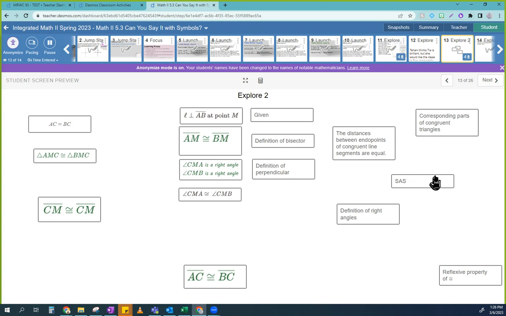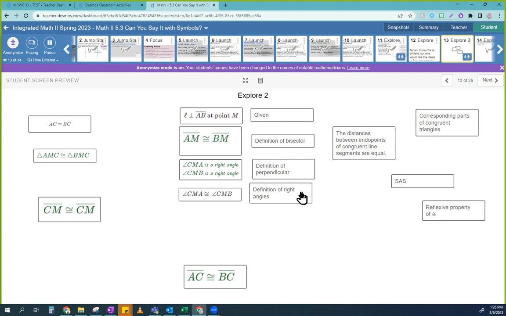Because of SAS? Because of corresponding parts of congruent triangles are congruent? Because of reflexive property? Because of right angles? Which one of these would help you prove that these two angles are congruent? Yes, very good. Because we had just said they're right angles.